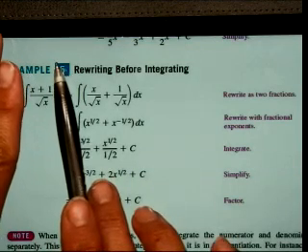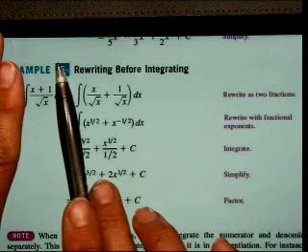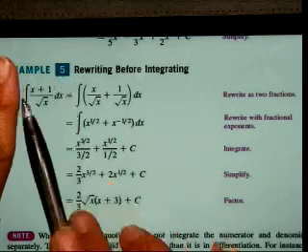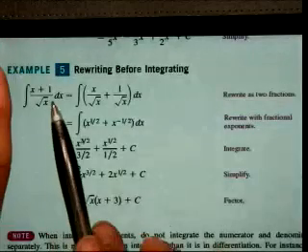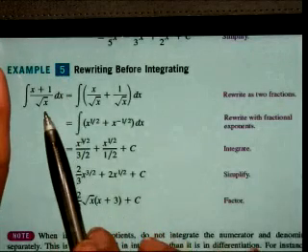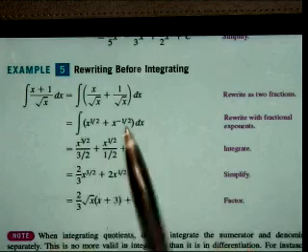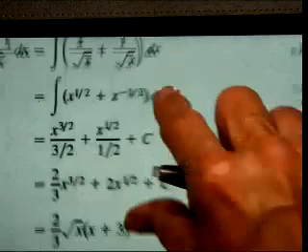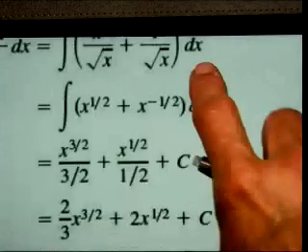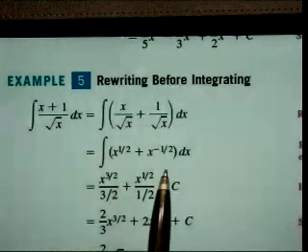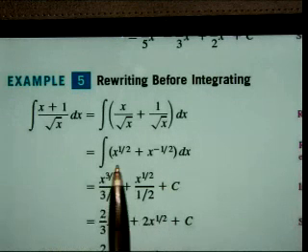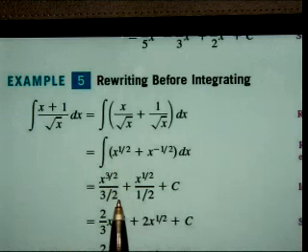Well, the same thing when I'm integrating. I'm going to separate that into x over x to the 1/2 and 1 over x to the 1/2, and then rewrite both of those terms as simply as possible, and then add 1 to the exponent, divide by the exponent. Same thing in the second term.